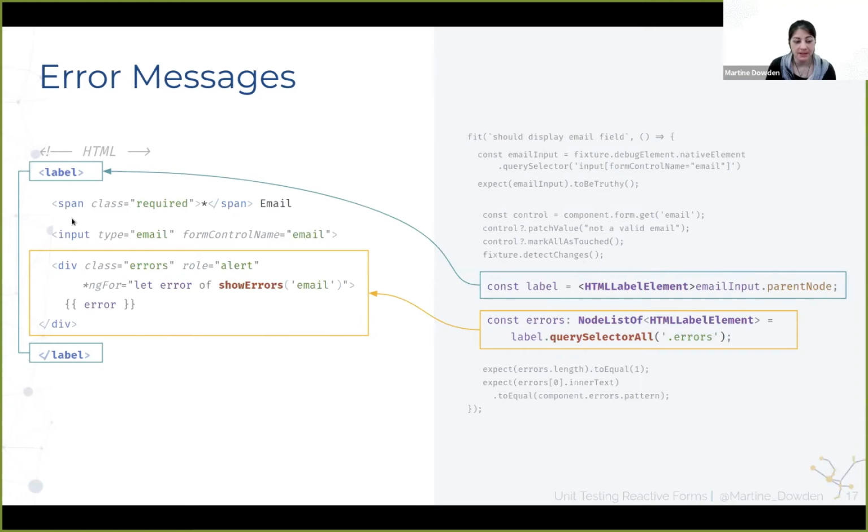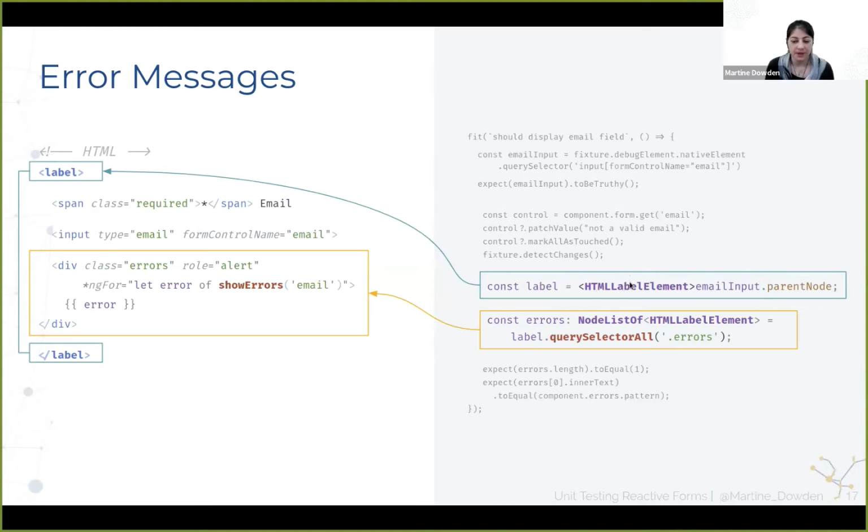Because I've nested the input inside of the label, I can go ahead and find the parent node of my input. So the parent node of my input is the label. Now, in terms of your JavaScript or your TypeScript, it's not going to know the typing. I think it returns an any, if I'm not mistaken. So you'll have to type it in order to get your autocomplete and those sorts of things.